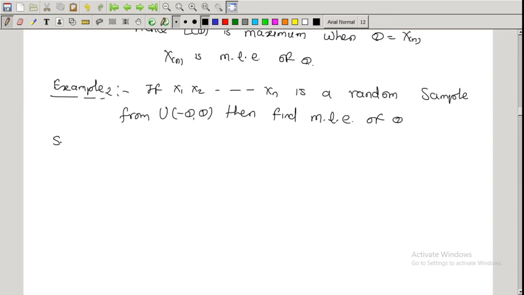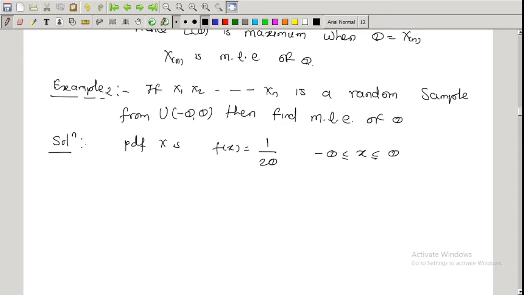So to get the solution, first we write the PDF. So PDF of x is f of x is equal to 1 upon twice theta with the range minus theta is less than x is less than theta.